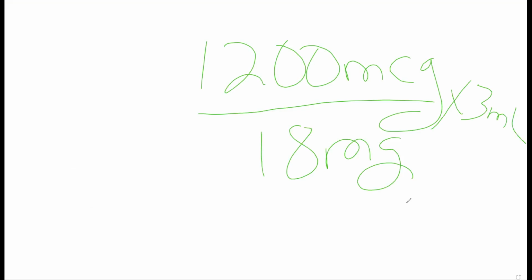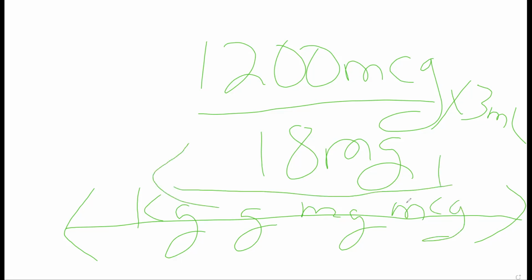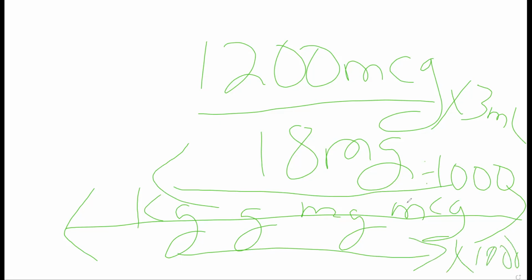I always have this in my brain: if I'm going to the left, I've got to divide. If I'm going to the right, everything's peachy, I'm acting like a rabbit, and I'm multiplying. Okay, so I like to move decimals too, because that's easy for me. If I'm going to the left, I'm going to move 3 decimals, 1, 2, 3, and I still got the 1.2. This changes over to milligrams.